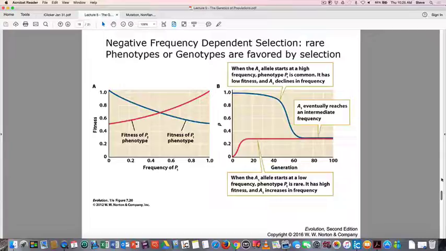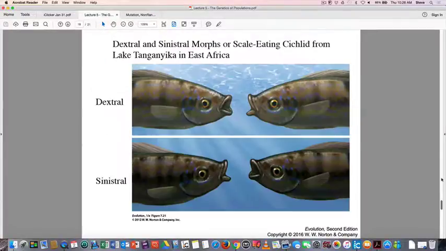Let me show you what I think was the best documented example of this and put something real to it. These are fish from Lake Tanganyika in East Africa. In East Africa, there are all these huge rift lakes that probably originated, they think, anywhere from 10 to 100,000 years ago, maybe 400,000 years ago.